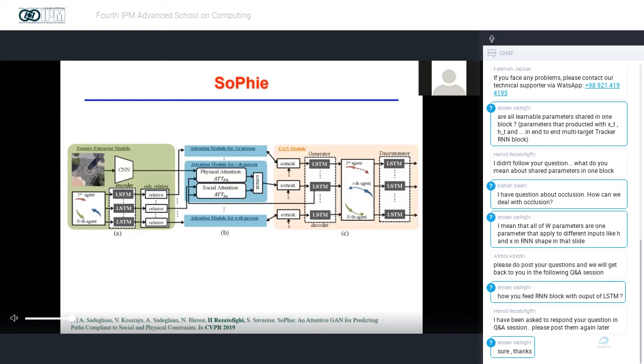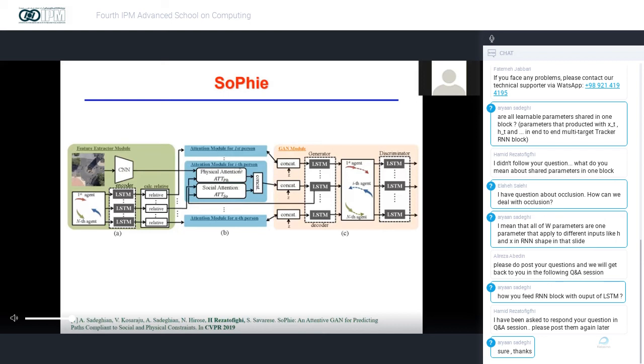We rely on something we call social attention, which finds the attention between these trajectories in order to weight which is more important. Similarly, we have a physical attention to say, given an image or top view image, which part of the image is important for this agent.